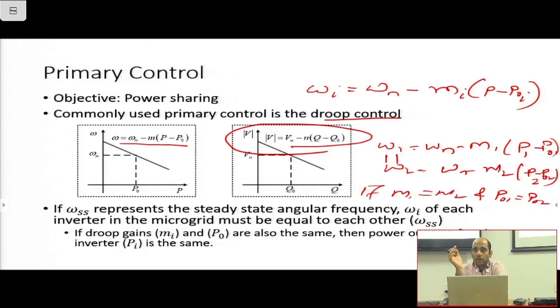So the voltage magnitude is V_n minus n_Q (Q minus Q naught), just like frequency is equal to omega nominal minus m_P (P minus P naught). Okay. So it is clear from this equation that the frequency is related to power and voltage is related to reactive power. That is the case with the traditional or the high voltage system.